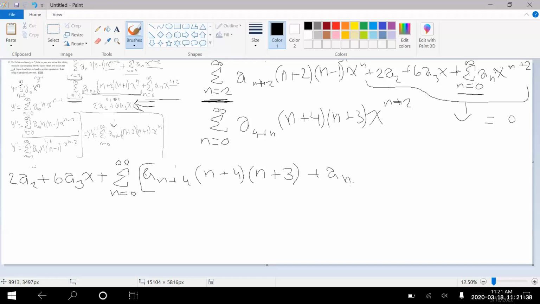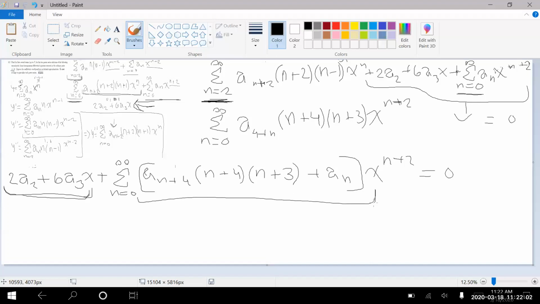Okay, so hopefully this makes good sense, and we have x to the positive 2 that we were able to factor out. Being that the whole equation equals 0, we know that these two terms have to add to 0, and this part here has to go to 0 too.